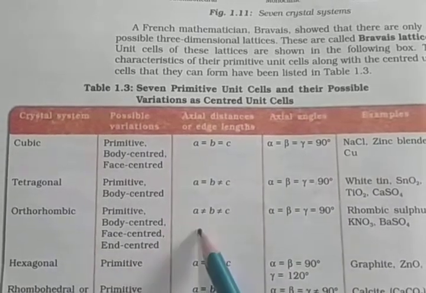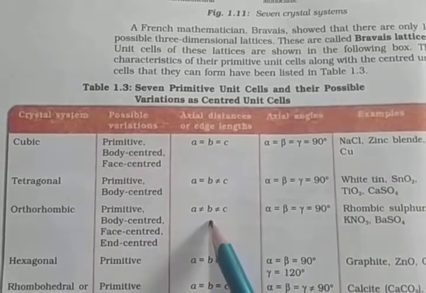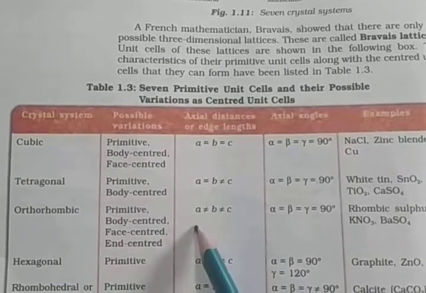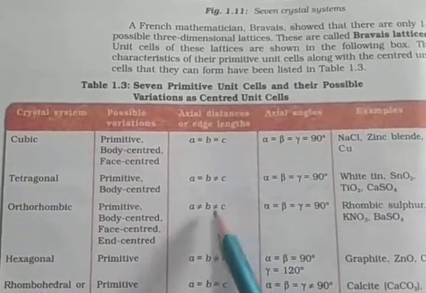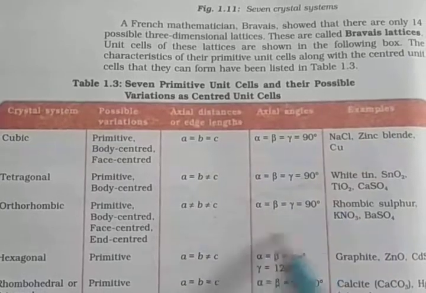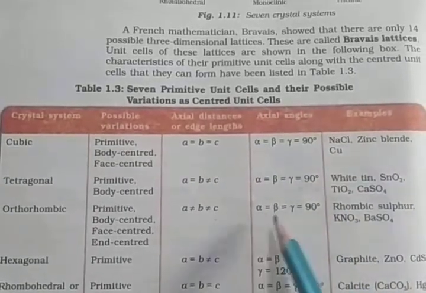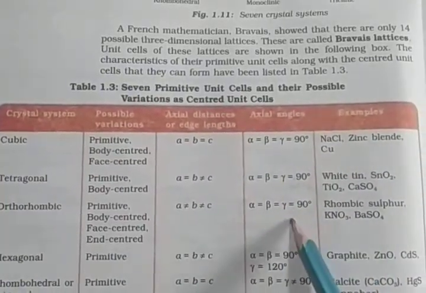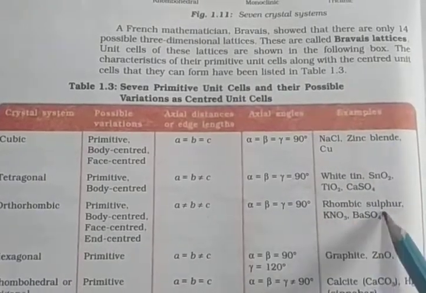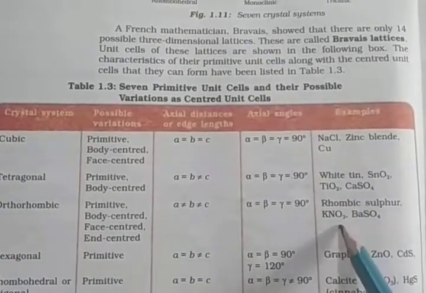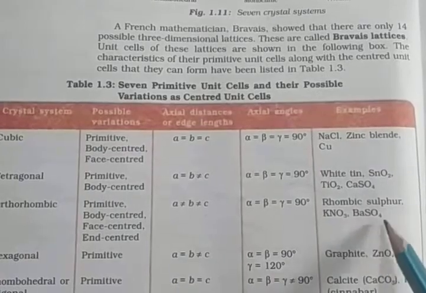The three edge lengths are different: A not equal to B not equal to C, but the angles alpha, beta and gamma are all 90 degrees. Examples: rhombic sulfur, potassium nitrate KNO3 and barium sulfate.